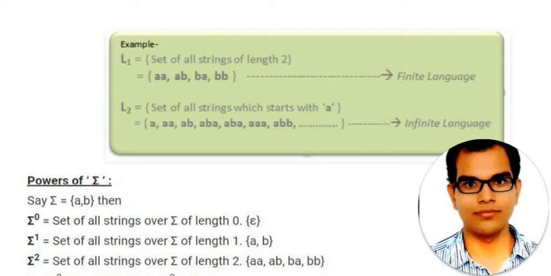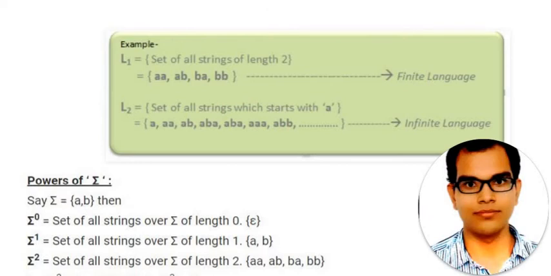As you already know, if we find all strings of length 2 with the alphabet sigma a comma b, then the string AA will come, AB will come, BA will come, and BB. All these four strings will come.